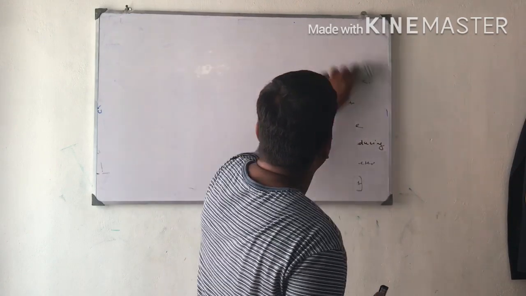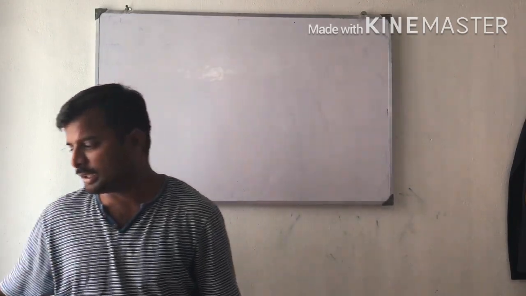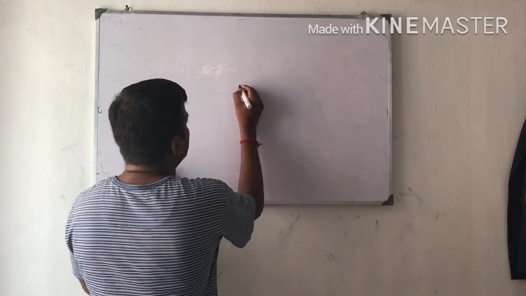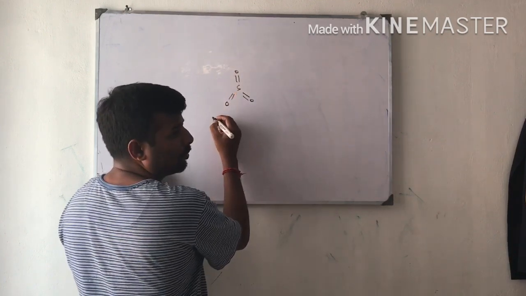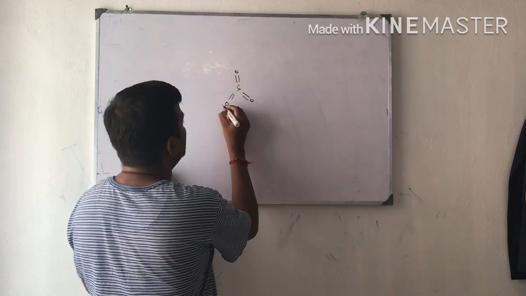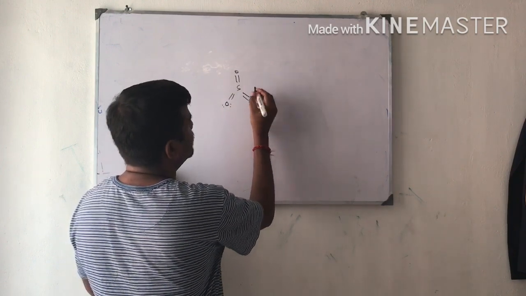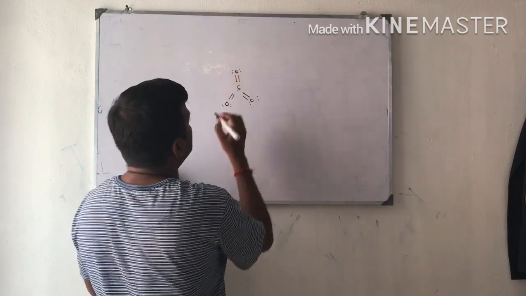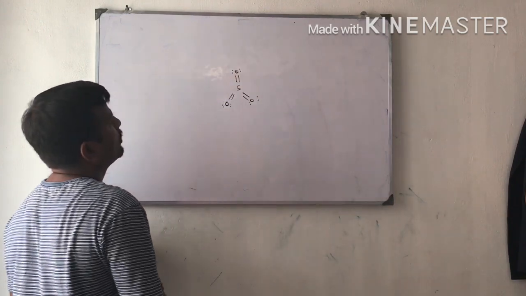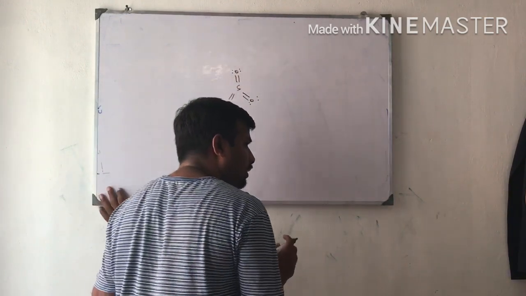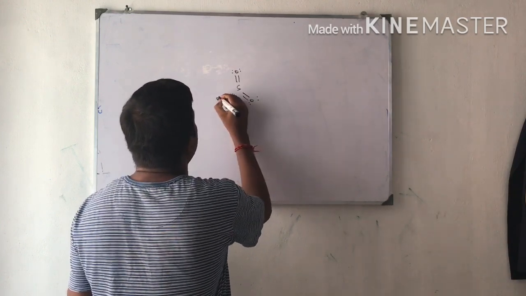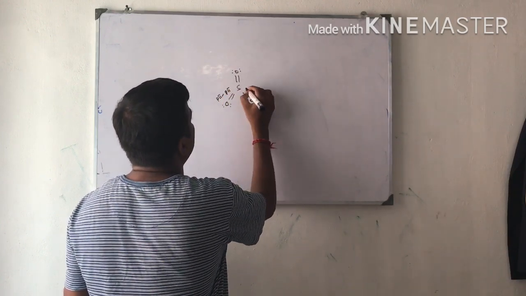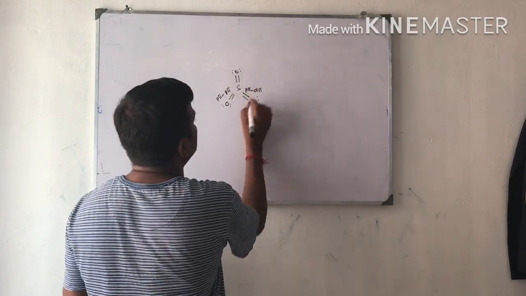Next, the important thing: the structure of sulfur trioxide is like this, with a double bond to O. So sulfur trioxide is like this, and the p pi d pi double bond is here.